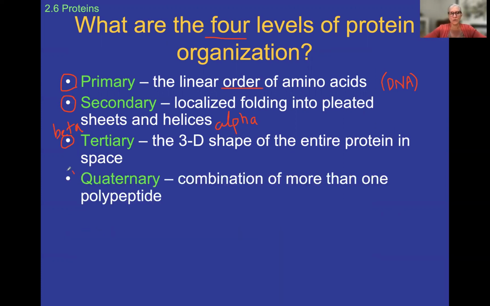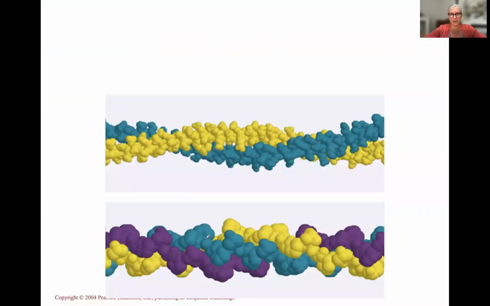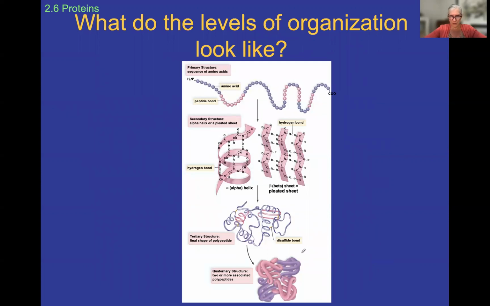Occasionally, there's a 4th level called quaternary, and you would combine 2 different tertiary structures or 4 different tertiary structures to make the protein. An example would be this building up of, here it looks like a hemoglobin. So here's primary structure, chain of amino acids.